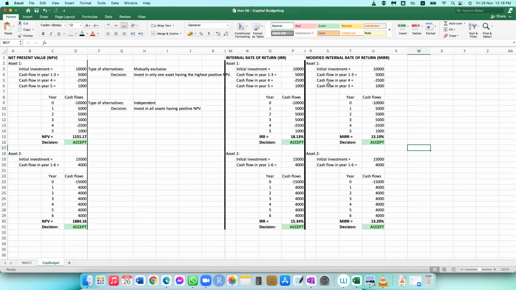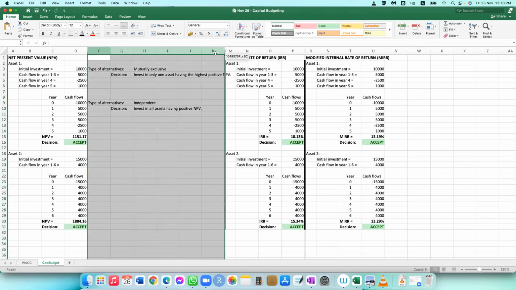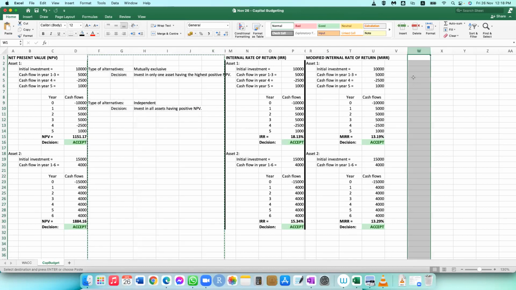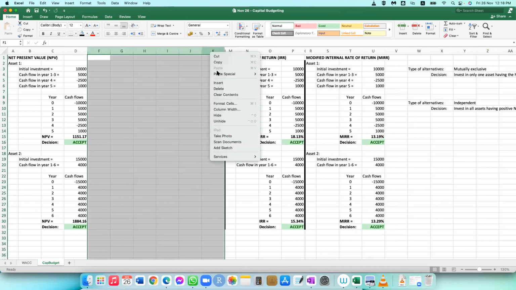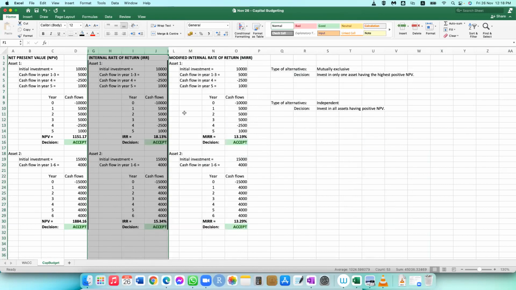So when we make practical decisions, we should always use MIRR. So to keep all these things side by side, let me cut this and paste this here. Delete. Okay. So this is just theoretical discussion.